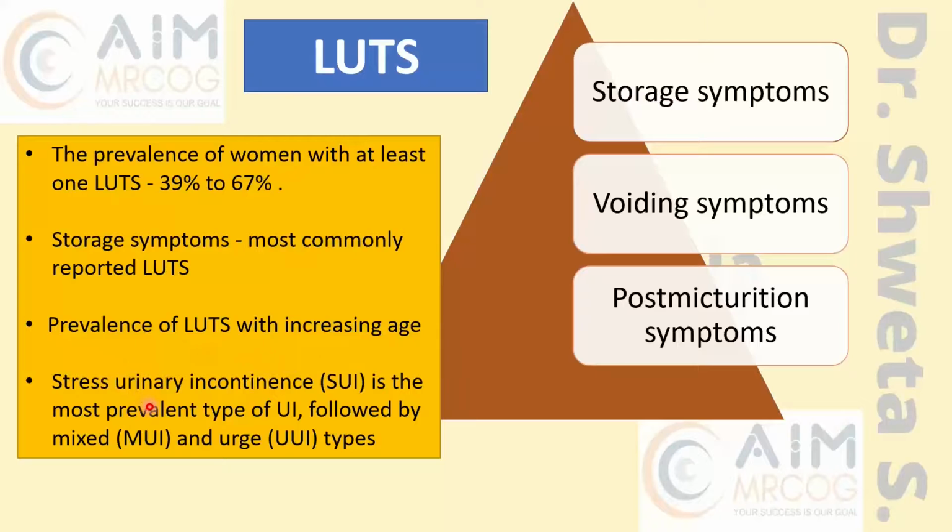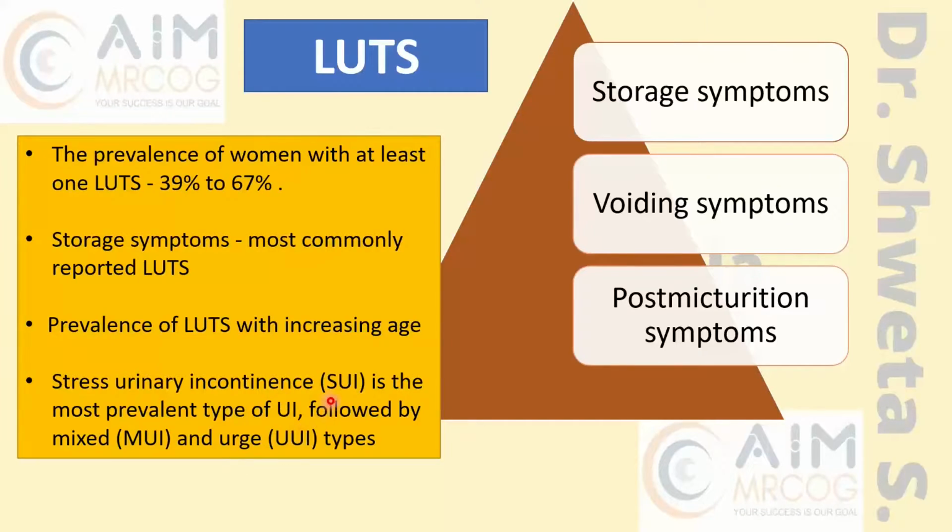Stress urinary incontinence is the most prevalent type of urinary incontinence. This is the SBA question for you: which is the most common type of urinary incontinence? The answer is stress urinary incontinence. In the incontinence study, they have seen that stress is up to 50%, then mixed is up to 36%, and then urge is up to 16%.